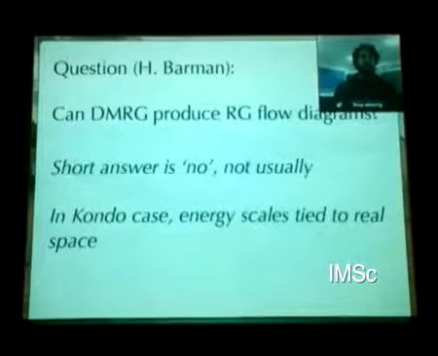But we know one case where it sort of could be done, which is this Kondo problem, which motivated the question, I believe. There you have, so DMRG is really a real space RG method, and in the Kondo problem, at least in its mapping, real space is tied to energy in the sense that I just showed, where you have energy scales corresponding to positions of your lattice. But that's not usually the case. Normally, real energy separations are not really visible in real space.